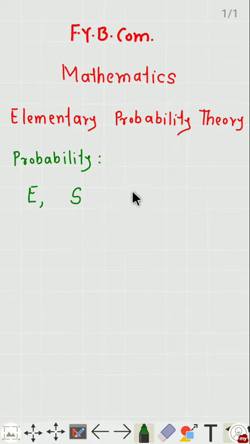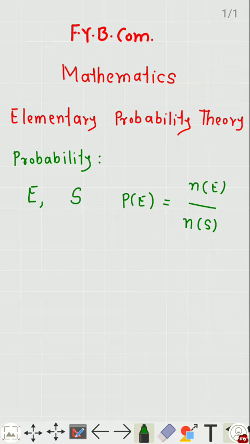Then we saw what is the probability of that event E, and that probability is given by the number of outcomes in event E divided by the number of outcomes in the sample space S, or the total number of outcomes of the random experiment.